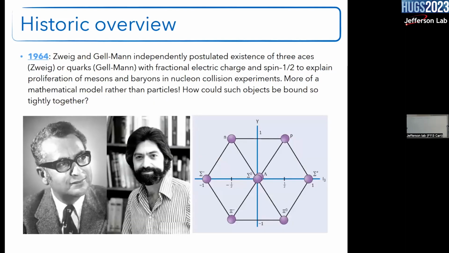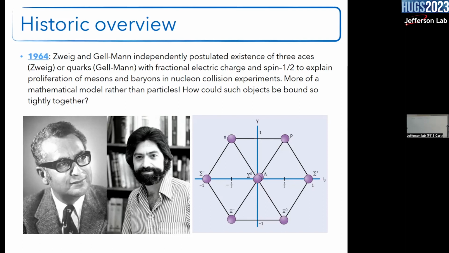And then it's interesting because theory and experiment developed in parallel. In the meantime, in 1964, Zweig and Gell-Mann independently postulated the existence of three aces, as Zweig called them, or quarks, as Gell-Mann called them, that had a fractional electric charge. It was really something amazing because people thought that everything was quantized in terms of the electric charge, so this was something smaller than it.